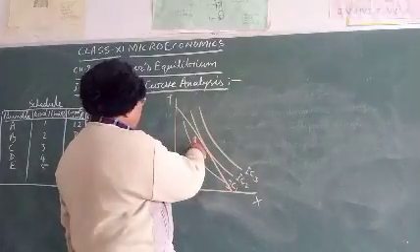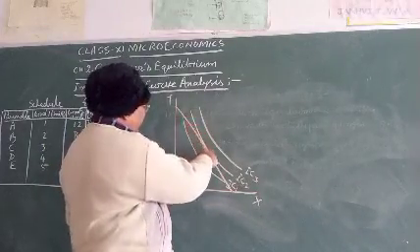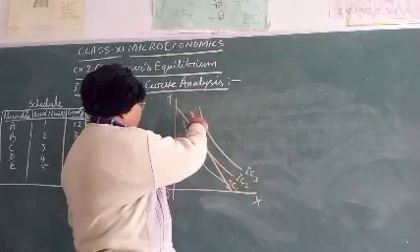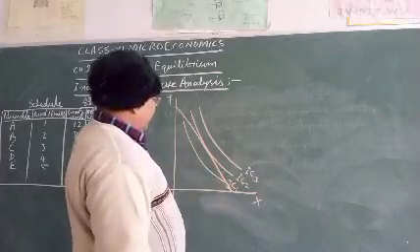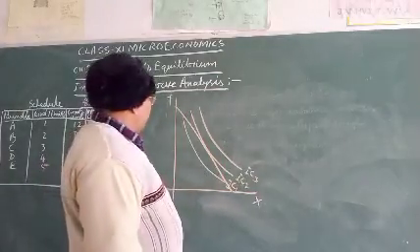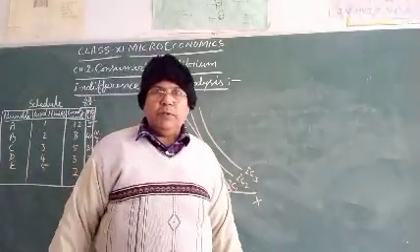So he will be at equilibrium where the budget line, the price line of the consumer, and the indifference curve are tangent to each other. This is the consumer's equilibrium through indifference curve.